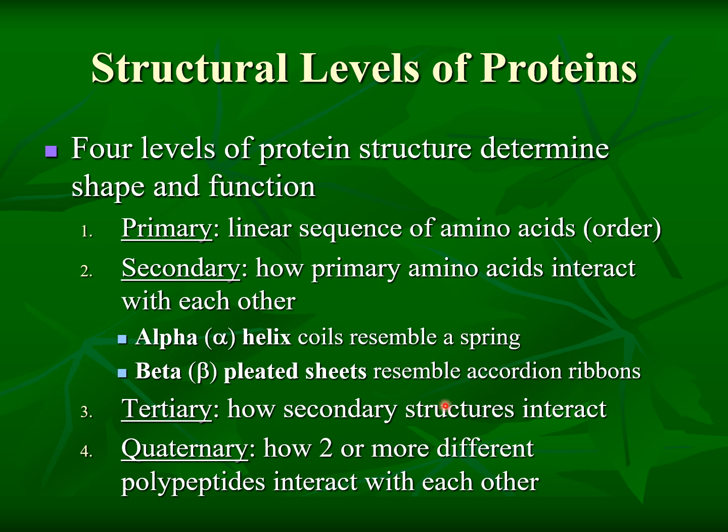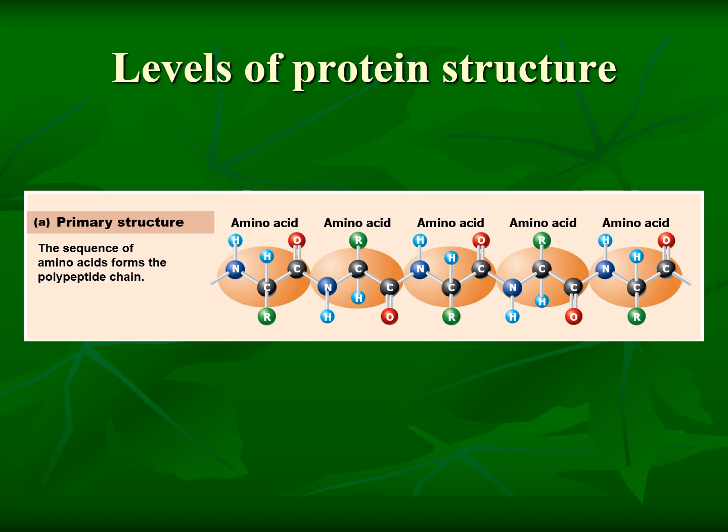The 2 most common things that we see are an alpha helix, which looks like a coil, kind of like a slinky, and then a beta pleated sheet, which is where you have kind of a zigzagging type structure. The tertiary structure is going to be part of your 3D structure, and then the quaternary structure is beyond that.